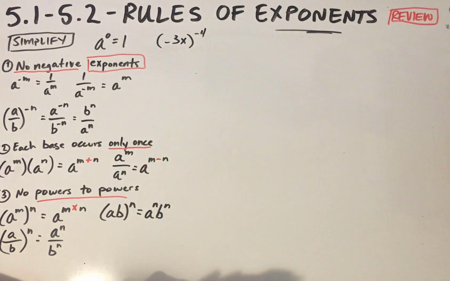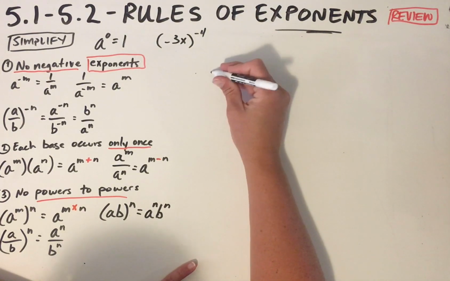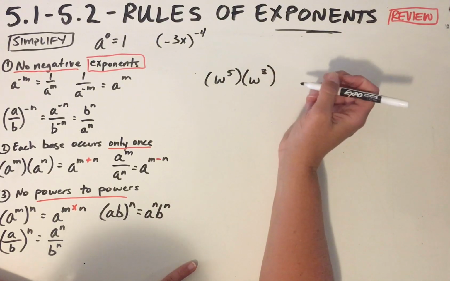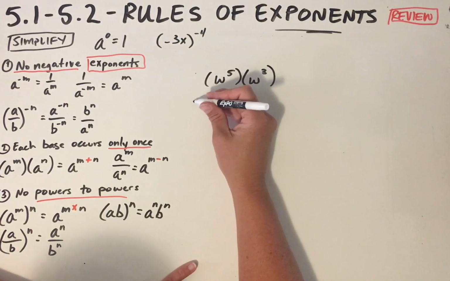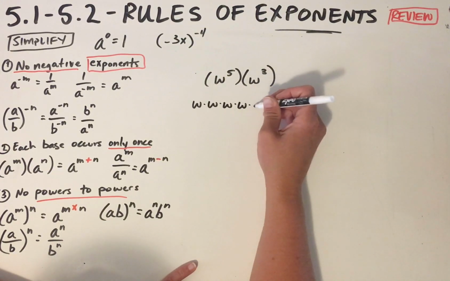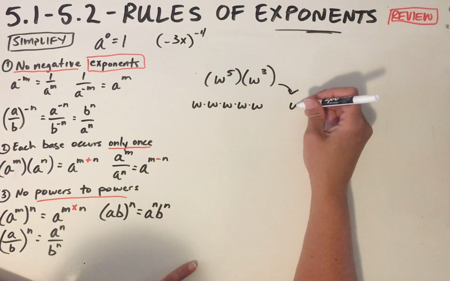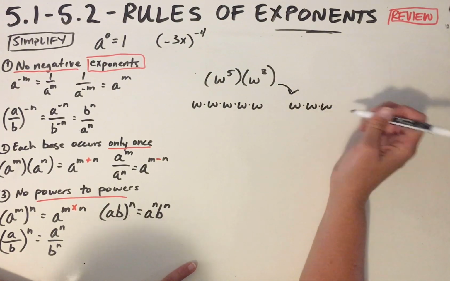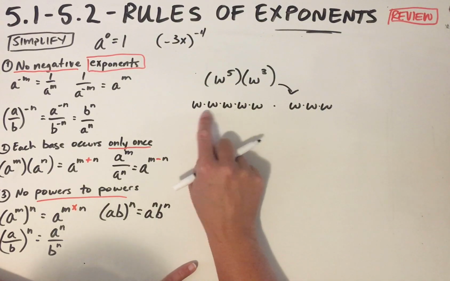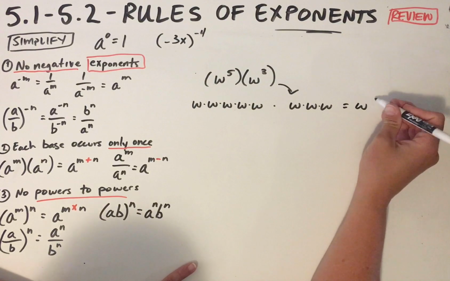Now, if I have the same base, if I have w to the 5th, and I want to multiply this by w cubed, well, literally w to the 5th means w times w times w times w times w. And w cubed means 1, 2, 3 of these related through multiplication. Well, this is also related through multiplication, so I literally have 1, 2, 3, 4, 5, 6, 7, 8 of these related through multiplication.